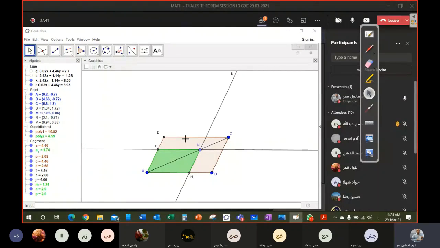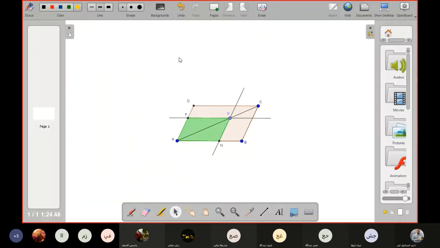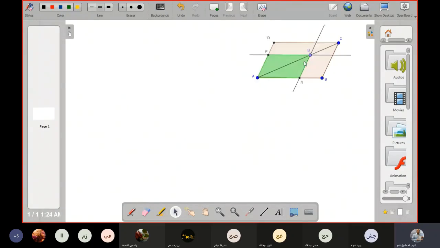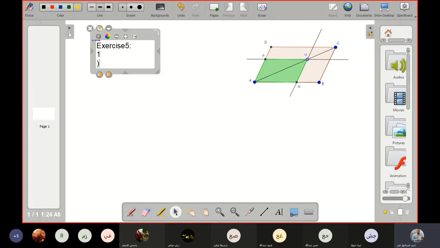Let's take it to the board. And here we have exercise 5, part 1.